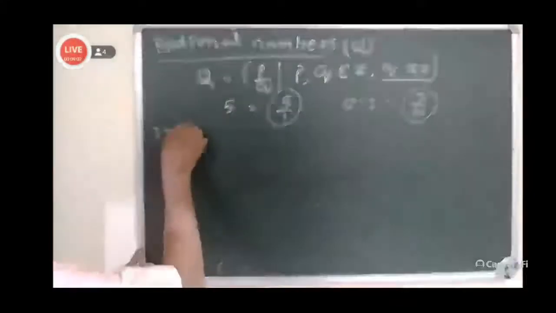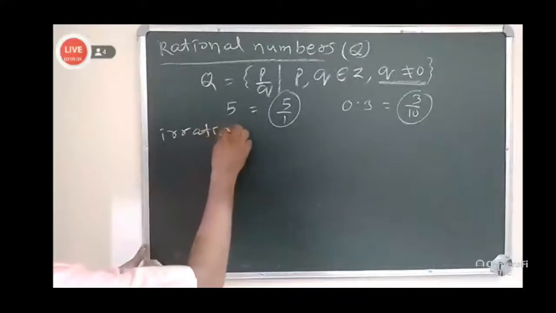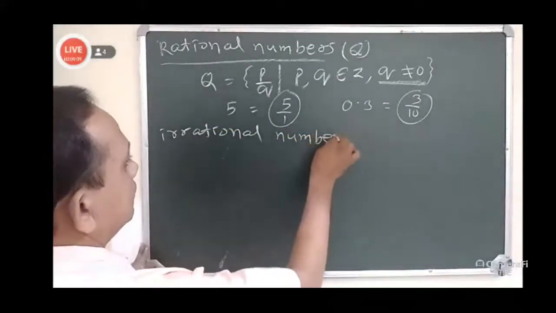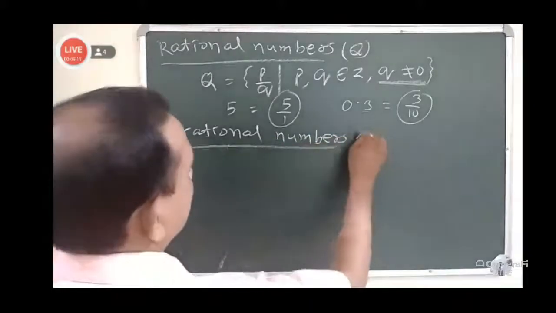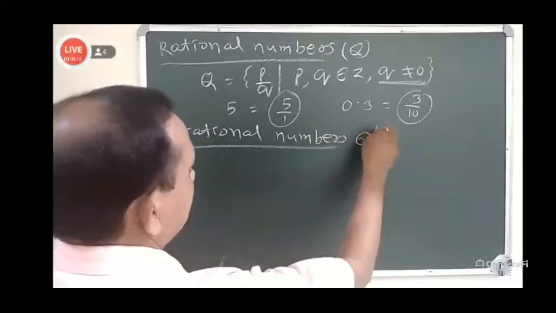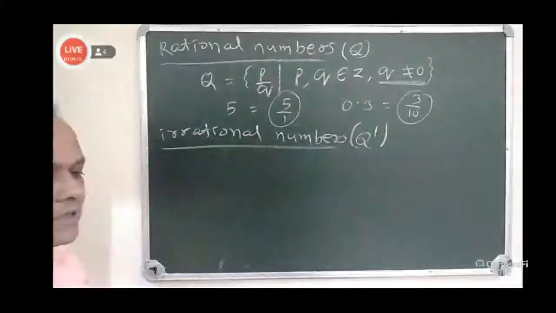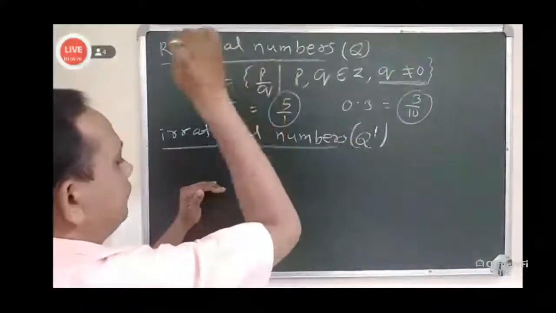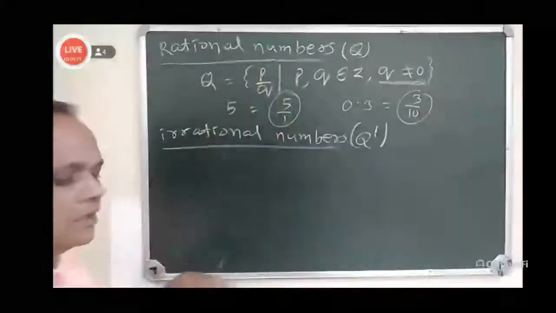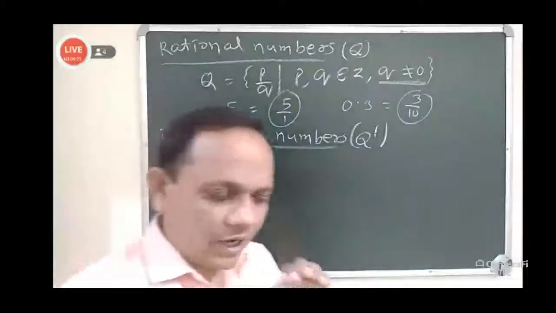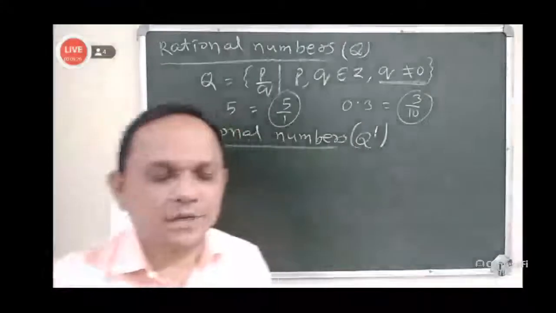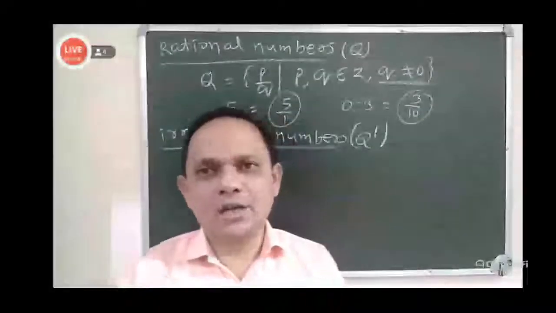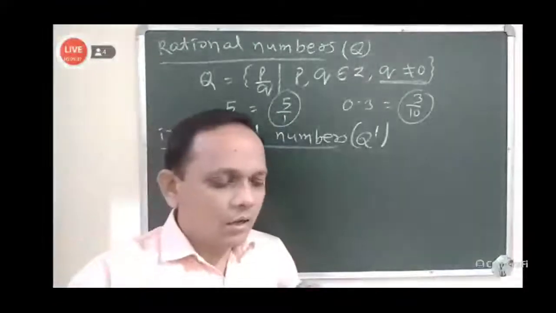Then irrational numbers, Q dash. Irrational numbers are the numbers which cannot be formed as P by Q. If we cannot write a number in the form P by Q, that is called an irrational number.